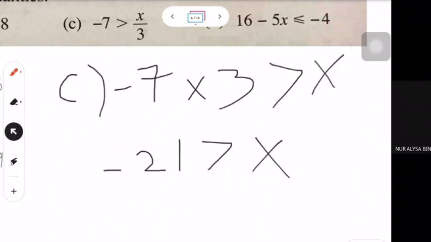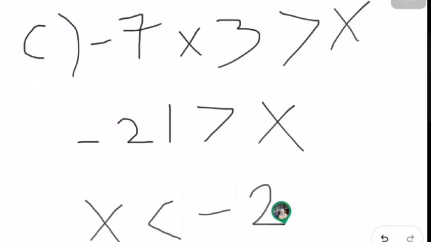Okay, cuba tukar, tulis dulu variable on the left side and the number on the right side. X. Okay, so this is what rule is this? Kita tukar je tempat dia. X is less than negative 21.